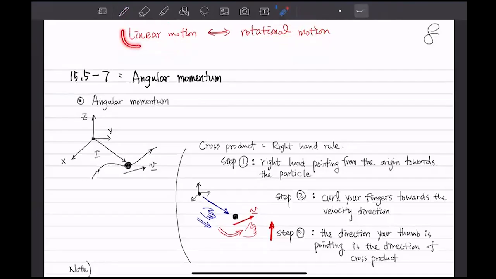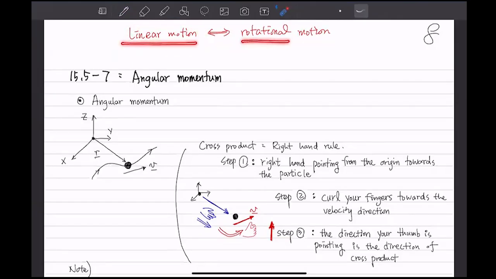So many things that you have learned from linear motion are just going to be translated into rotational terms, and we analyze that with some new terms introduced, okay? I really want you to make sure that you understand this linear motion.